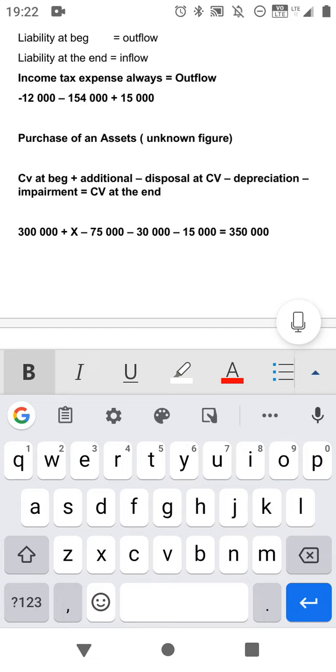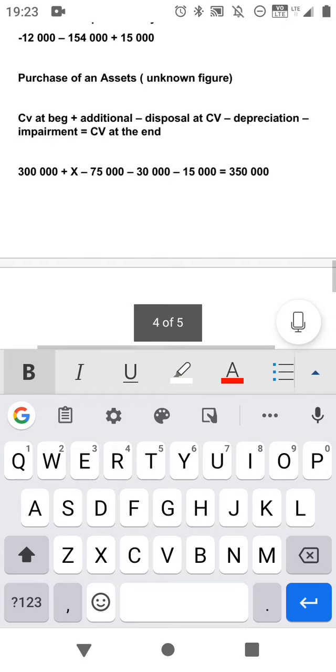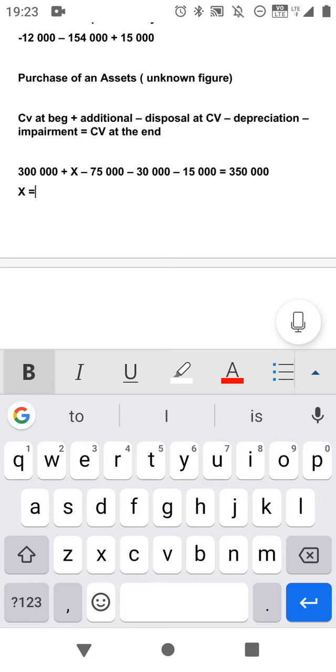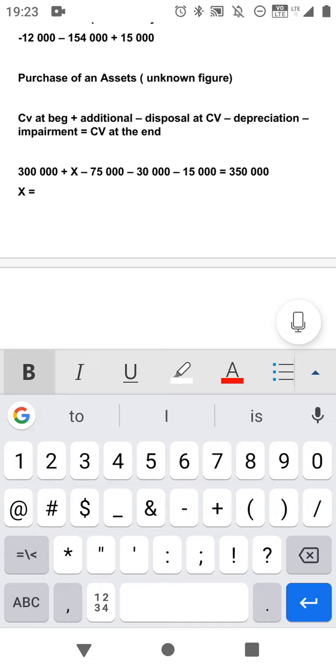The next step is to solve the X. How do you solve the X? Very simple. You have to say X is equal to 350,000.